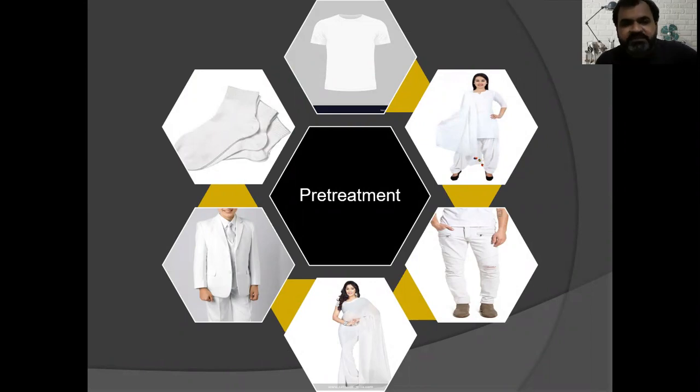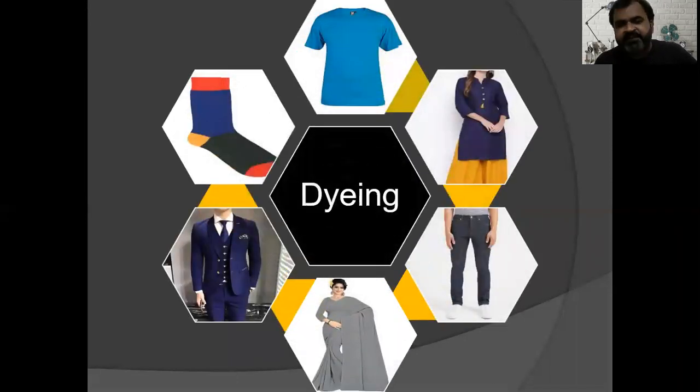Now you can see that if the world is only wearing white, then what? Again, we will travel to the black and white media, and that's why let's change this whiteness into some beautiful colors, and that is done by dyeing.